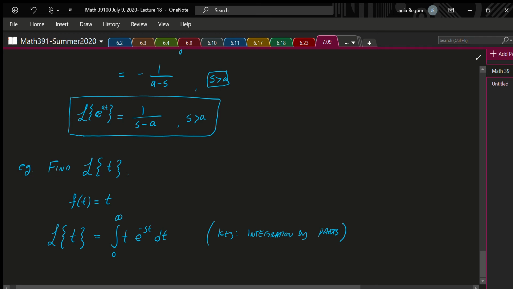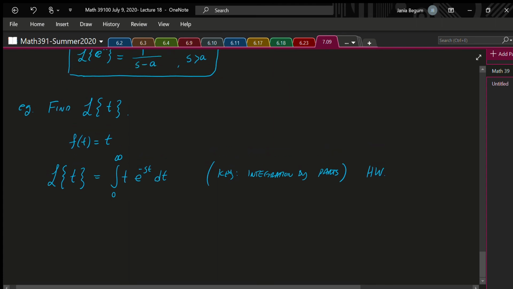Then you'll get a huge expression, take the limits, most of them will tend to 0, and whatever is left over, that's your Laplace transform. Okay, so you can handle this, right? You will do this for homework. So that's for you.